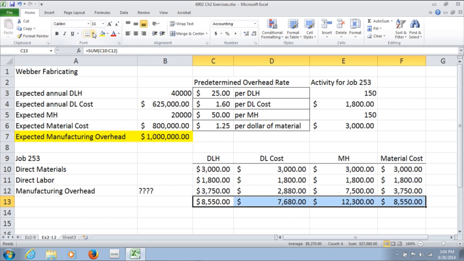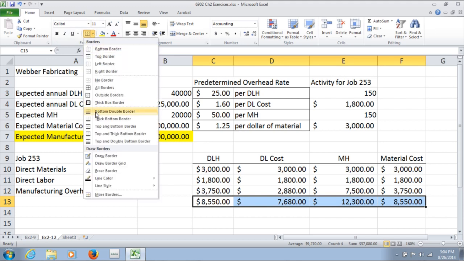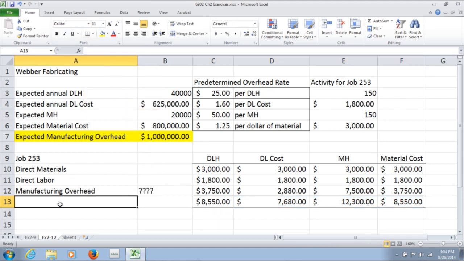So you want to be careful, because this is part of the issue in terms of how you're costing your products: the allocation method, whether direct labor hours, machine hours, direct labor cost, or material cost, is going to shape the process under which we cost our products.